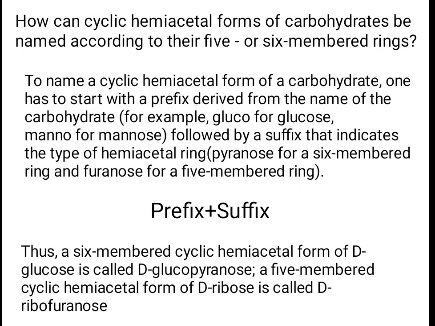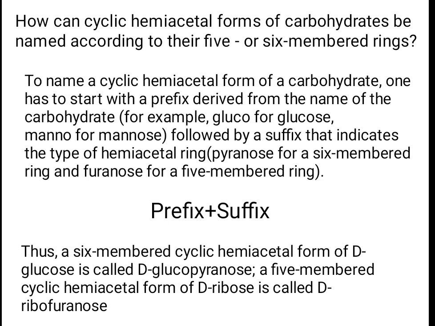How can cyclic hemiacetal forms of carbohydrates be named according to their 5 or 6-membered rings? So how to make a name? To name a cyclic hemiacetal form of a carbohydrate, one has to start with a prefix derived from the name of the carbohydrate, for example gluco for glucose, manno for mannose, followed by a suffix that indicates the type of hemiacetal ring: pyranose for a 6-membered ring and furanose for a 5-membered ring.